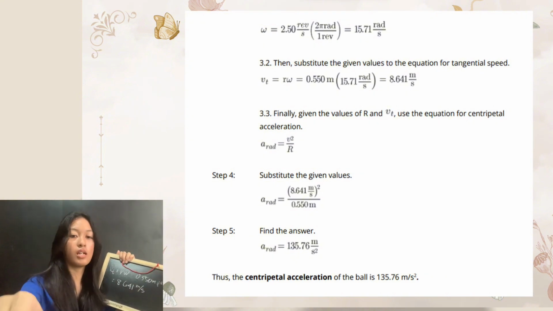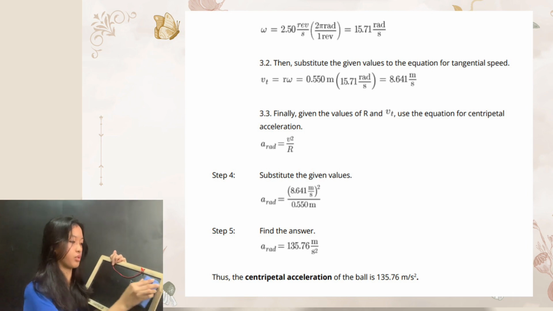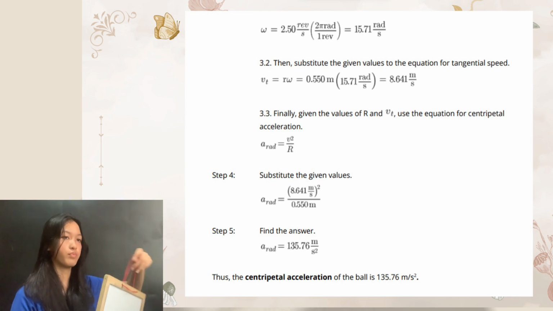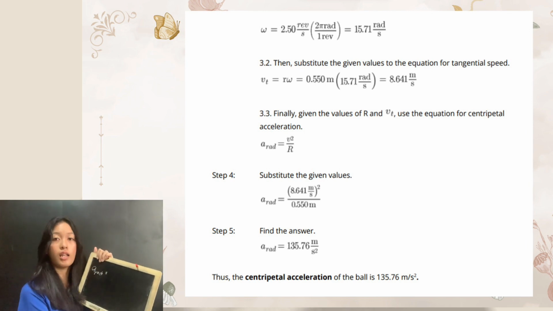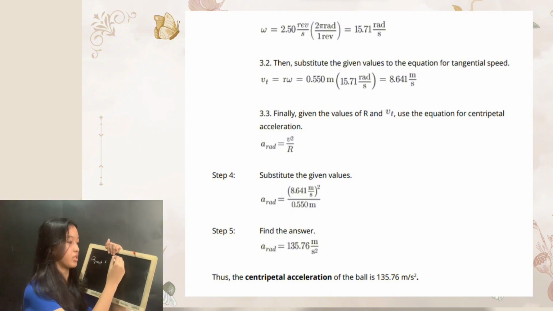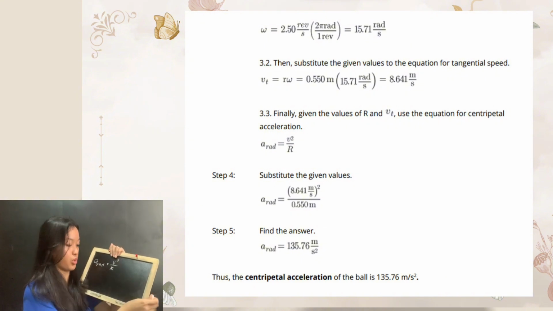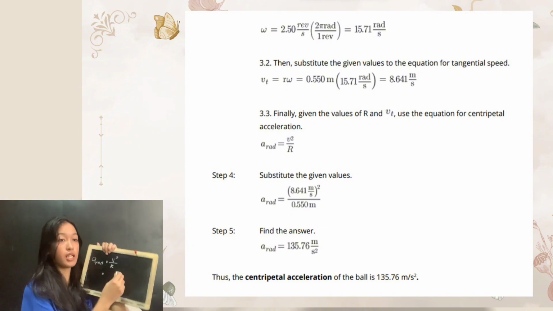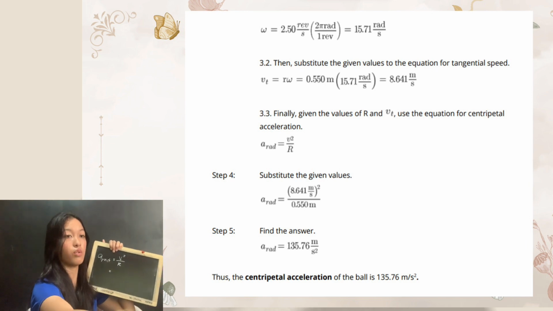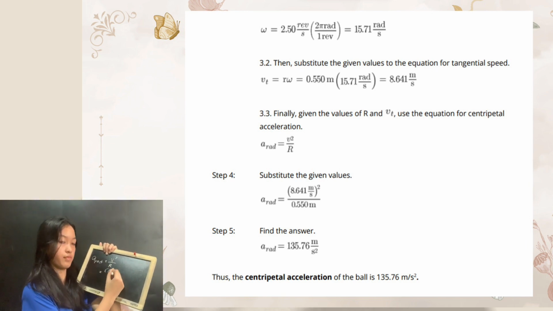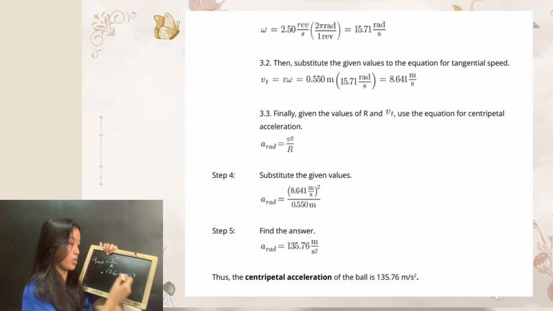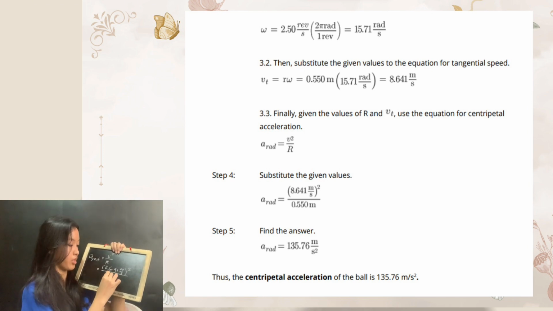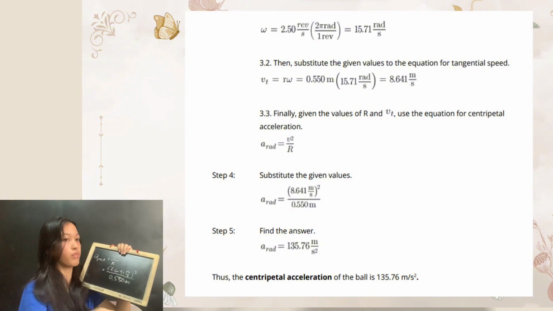Next we use it to find the centripetal acceleration, which is what we are actually looking for. What we have is the speed squared and the radius. The speed is the answer we just solved, 8.641 meters per second, squared, over our radius of 0.550 meters.